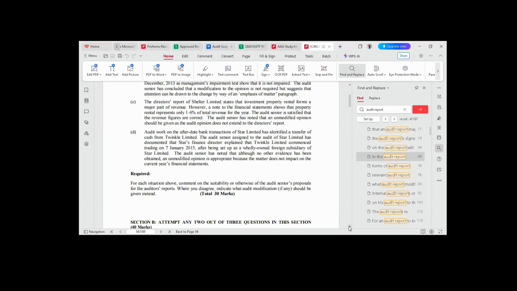If you do like that, you're not going to get any mark, because you can see that this question carries 30 marks. Each of these questions is about 7.5. And for you to get 7.5 in a theoretical question, you need to be able to support it. You must be able to provide evidence.